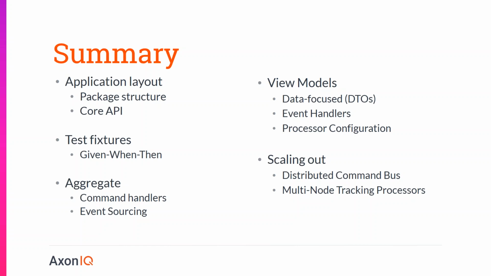We've used a distributed command bus, so by adding the Spring Boot starter JGroups, Axon in combination with Spring Boot will automatically give us a JGroups-based distributed command bus, which has a lot of configuration features, for the case you're not running everything on a local host.